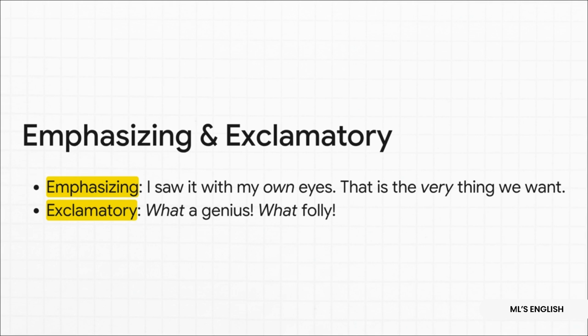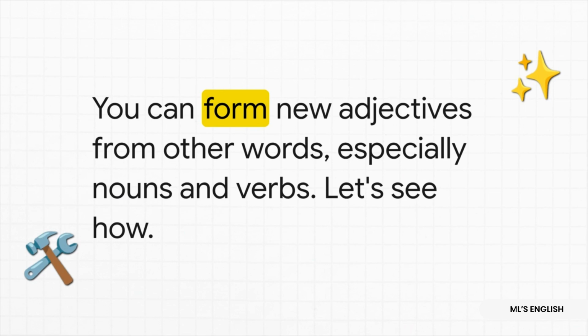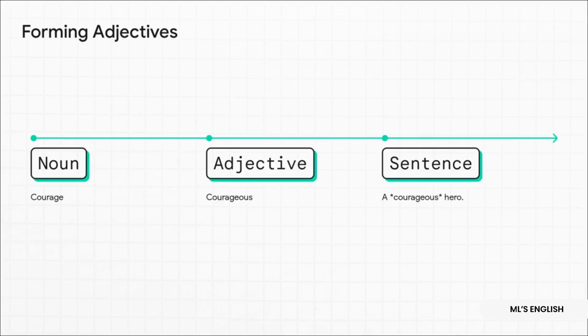It adds instant drama. And now for what I think is the ultimate skill, creating your own adjectives. That's right. You don't have to just use the ones you find in a dictionary. English gives you the power to invent new adjectives from other words, especially from nouns and verbs. This is where language gets really creative and fun.